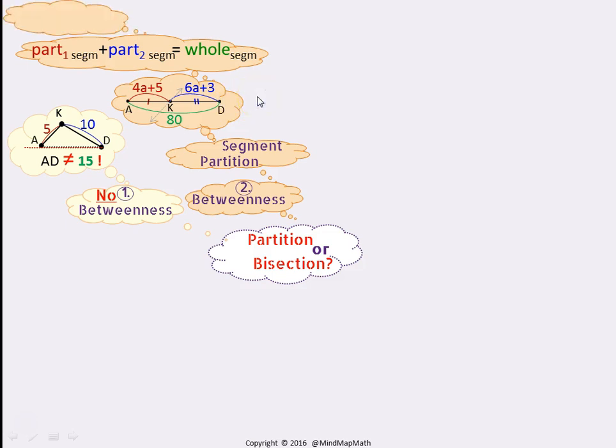This way, we can write this expression not just in words, but in symbols of geometry, denoting part 1 as AK and part 2 as 6A plus 3 named KD. Both of them together add up to AD.